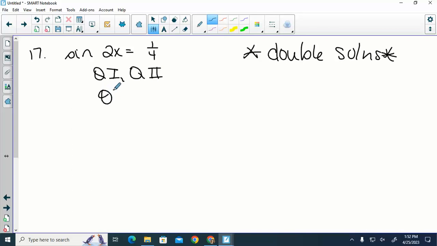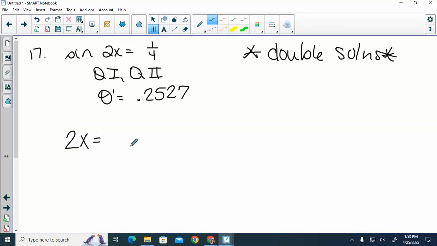Reference angle, do we know when sine is 1/4? No, so we have to use the calculator, put it in radian mode. Since you're looking for an angle, you type it in as sine inverse 1/4. We get 0.2527.